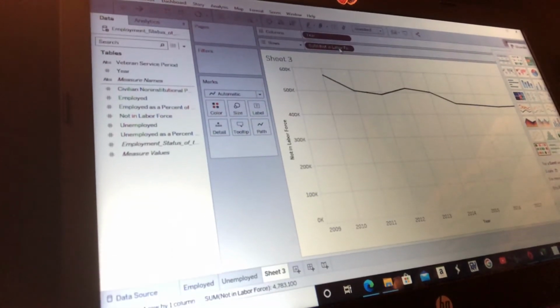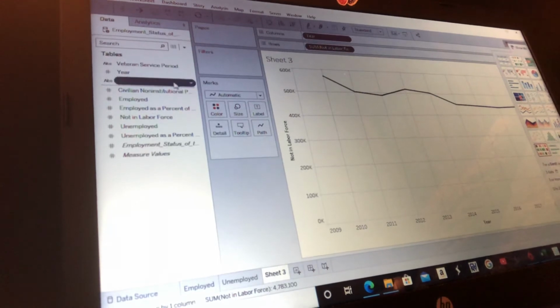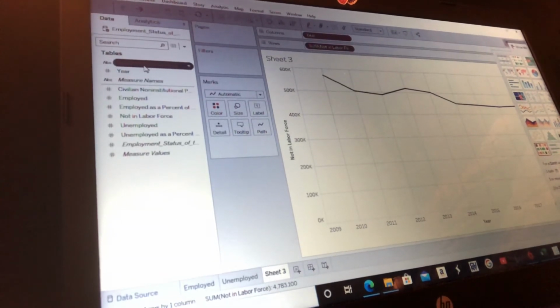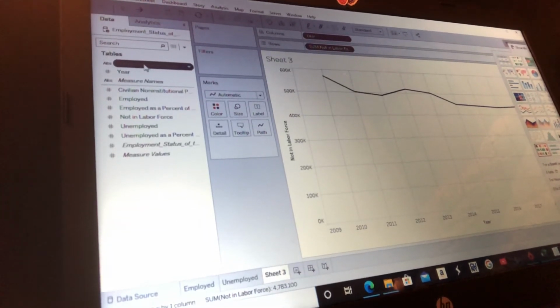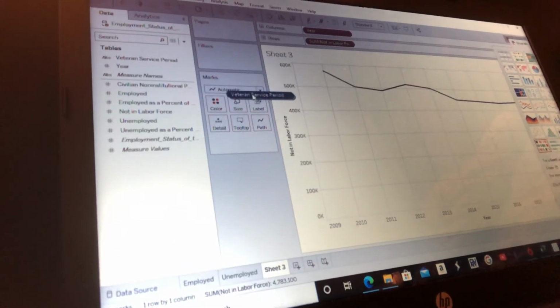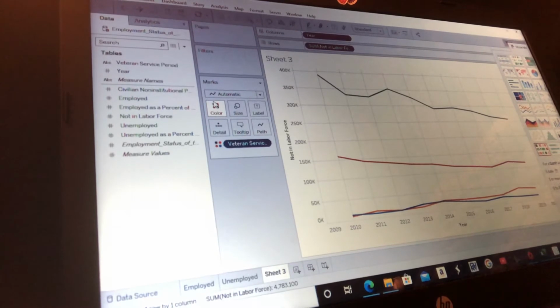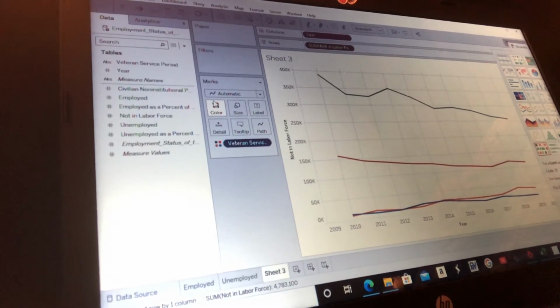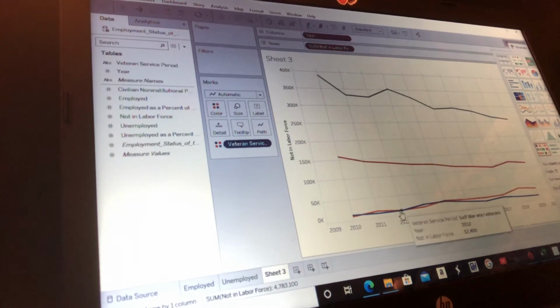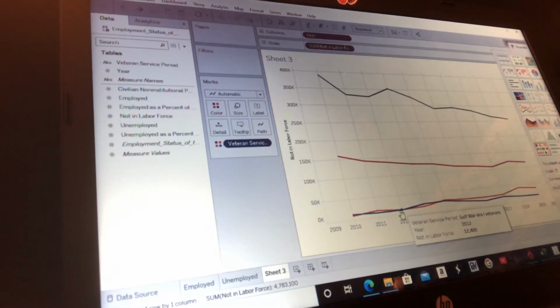This gives us a line graph. With this line graph, it only shows us one, but I'm going to take the veteran service period and bring it over to color, and that brings up all of the other services, the Gulf War era 1, Gulf War era 2, etc., and shows us people that were not in the labor force, so they were not employed or unemployed over this time period.